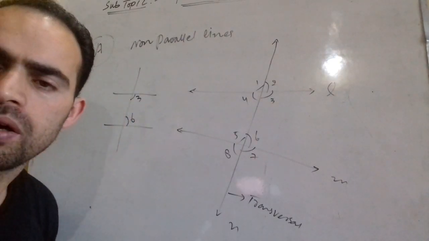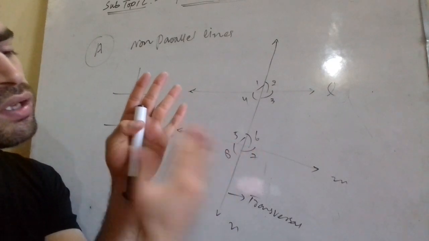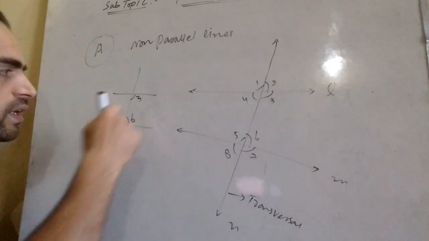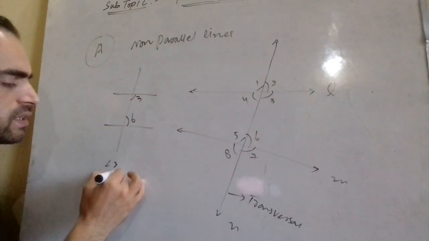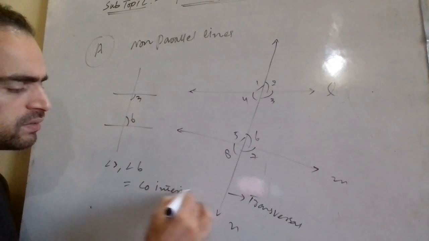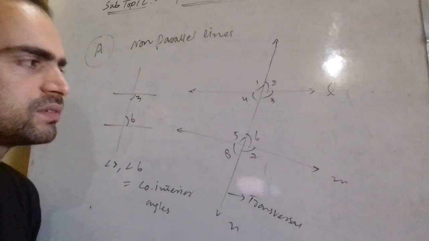These two angles are on one side of the transversal. This is transversal and these angles are on one side. We call them co-interior angles. Means angle 3, angle 6 are co-interior angles. This is just a relation.